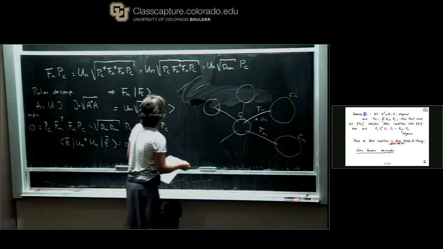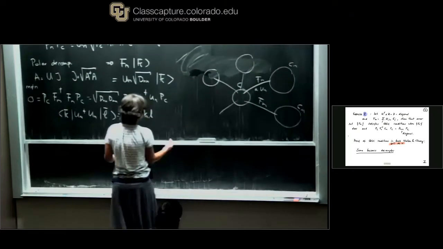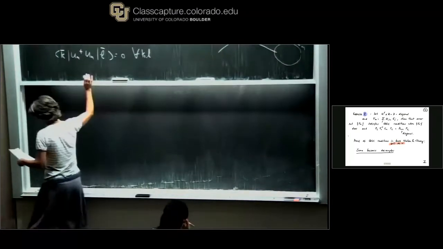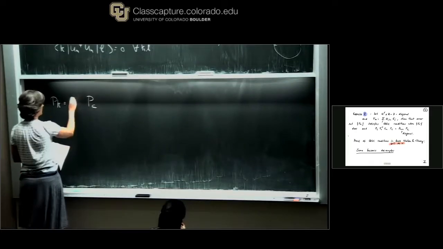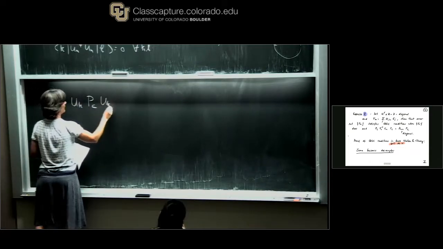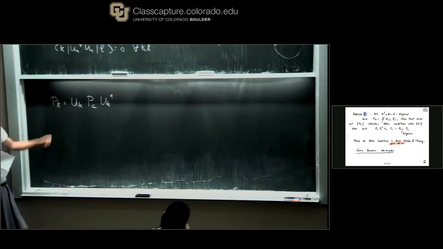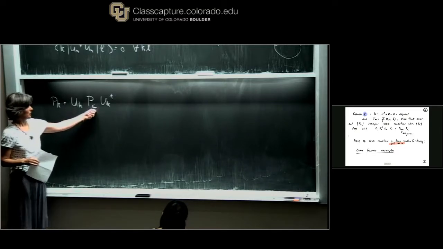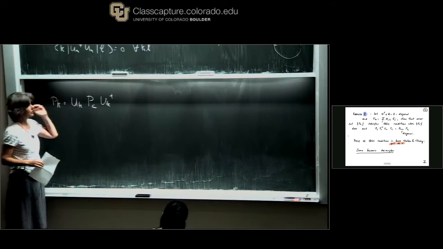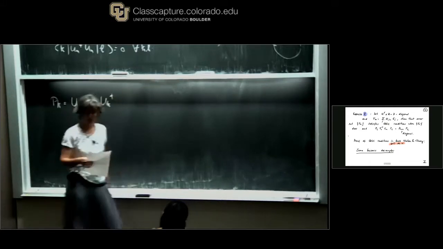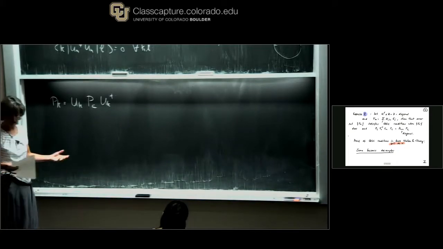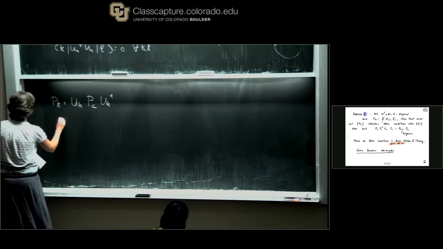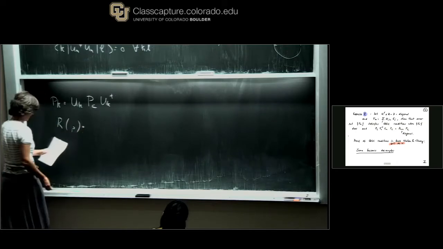So let's just finish this up. I have the projector PC on the code space. Now I can define the projector onto the kth error space. So this is the projector onto code space, and this is the projector onto one of these error spaces. And I know Pk is orthogonal to Pl and so on. So the recovery is essentially this.